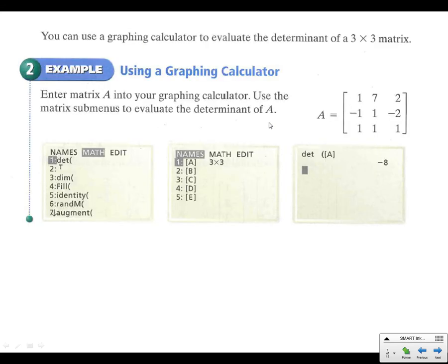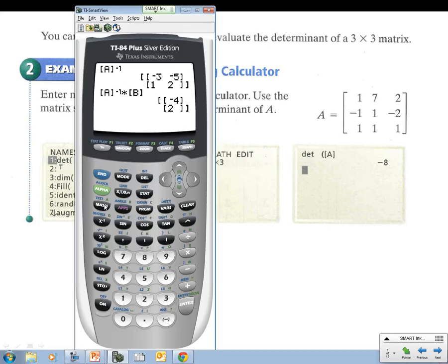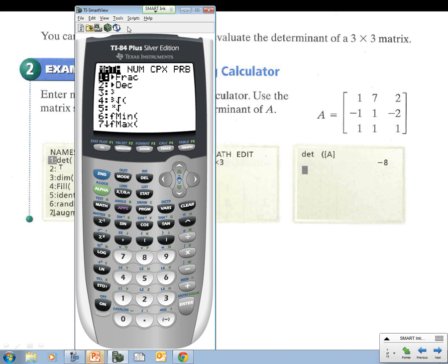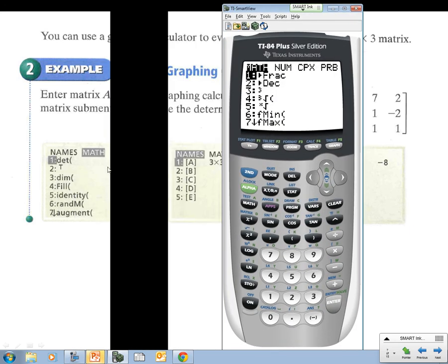Alright, so for the inverse, we can use the calculator here to figure out the determinant, and it's showing you the steps here. If we go into math, which on our graphing calculator is just right here, click math, and you'll see here that we need to go, in matrix, which is right below math, over to math inside matrix, and there's our determinant there.